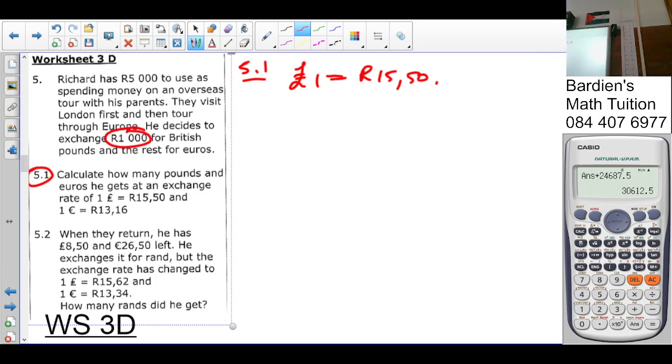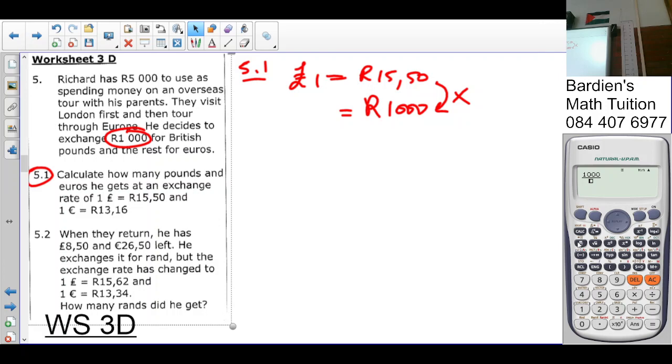So for the pounds, he's using 1,000 rand. Where do we put the 1,000, under the rands or under the pounds? Under the rands. It's 1,000 rands. So how do I move from there to there? We start by finding some number. How do we get the number? We say 1,000 divided by 15.5, which gives you 64.52.